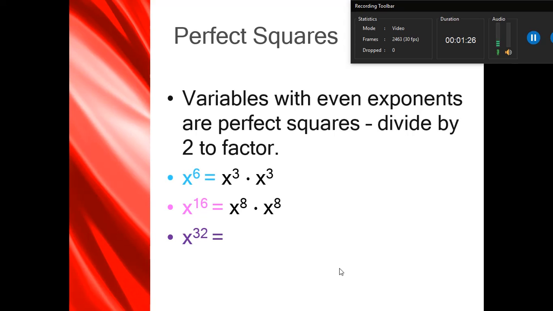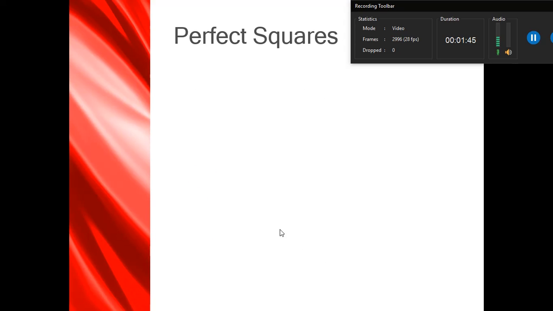For x to the 16th, we have x to the 8th times x to the 8th. And x to the 32nd, if we split it equally, it's x to the 16th times x to the 16th. So any even exponent can be split into two identical factors, which will help with our squares. Remember, you can stop the video at any time if you want to try any examples on your own.